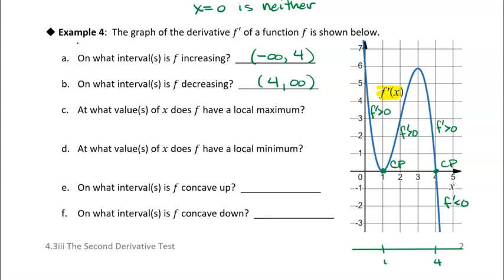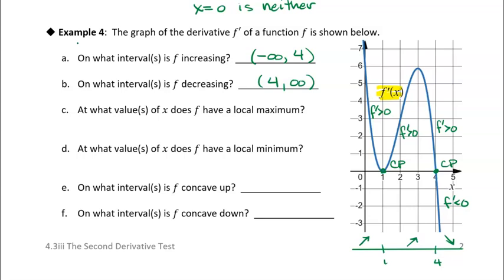We know that f of x is increasing until we get to 4, and then the derivative is negative, so the function decreases. So you can see that we have a local maximum at 4, and it doesn't look like we're going to have any local minimum.